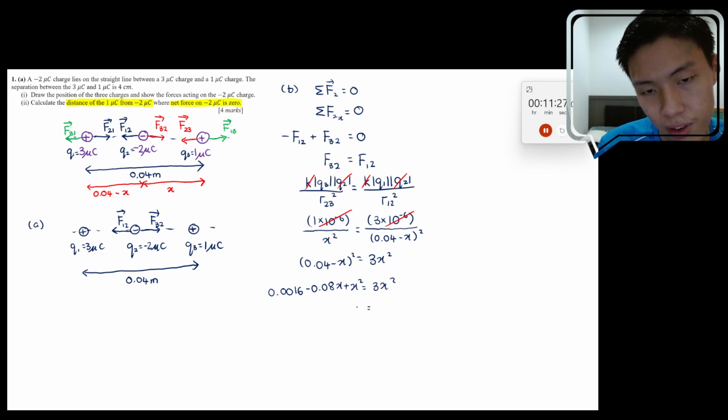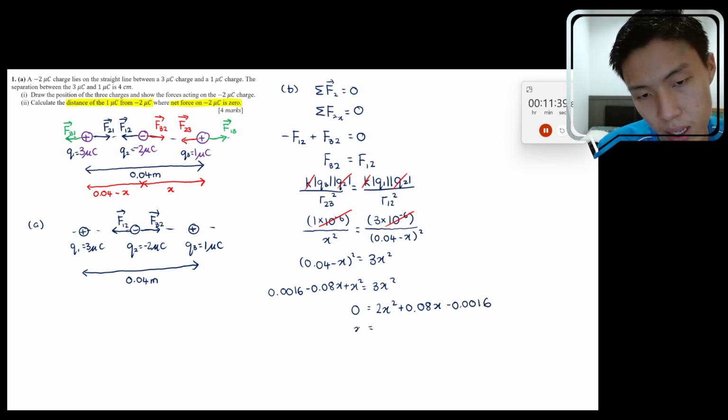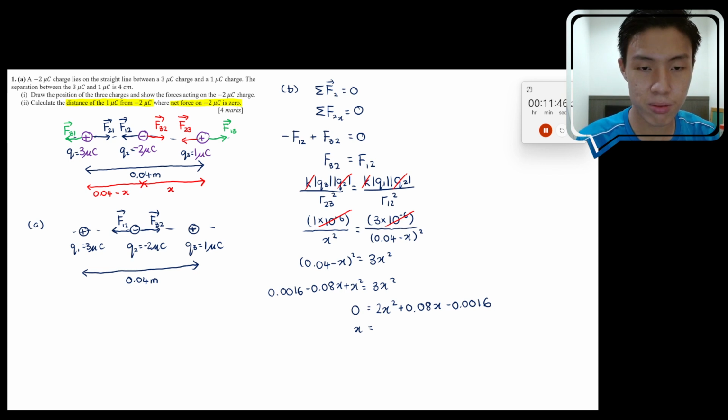So if you shift everything, you get 2x squared plus 0.08x minus 0.0016. Okay, so let's try to determine x. As I said earlier, I'm doing it without an answer scheme, so everything here is live.